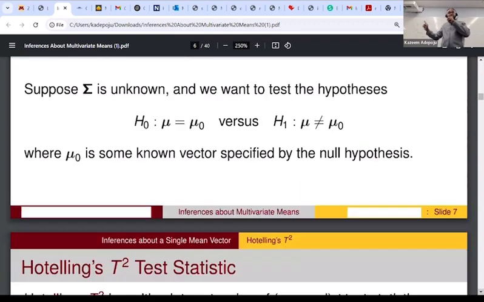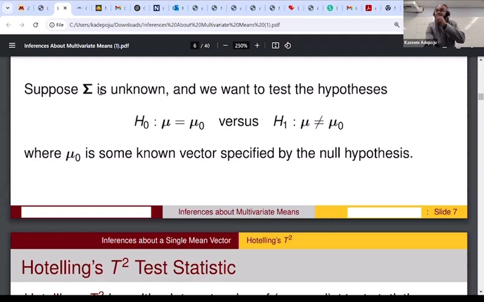Remember under the univariate case, I said suppose sigma squared is unknown. When I say sigma squared, I mean population variance, but I'm only going to talk about population variance in a univariate case. In a multivariate case, I'm going to talk about the covariance matrix.